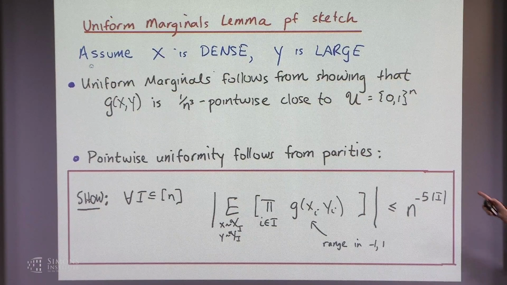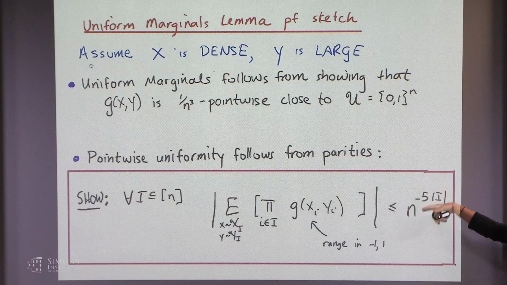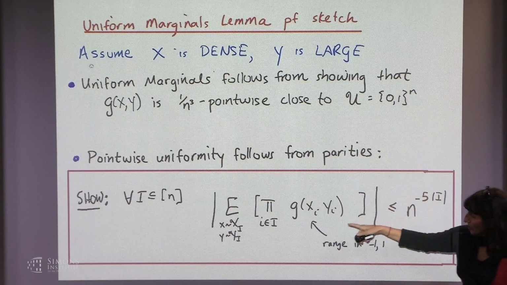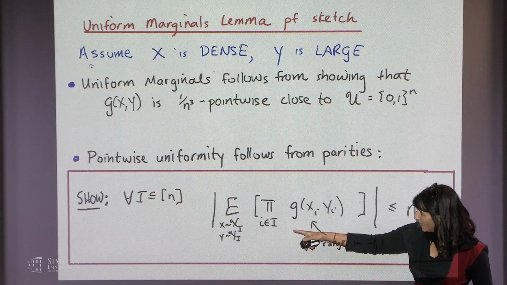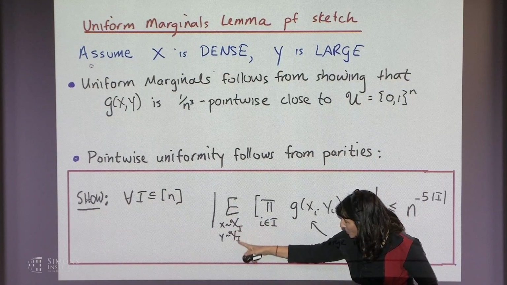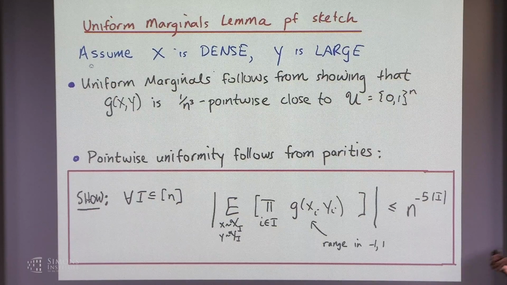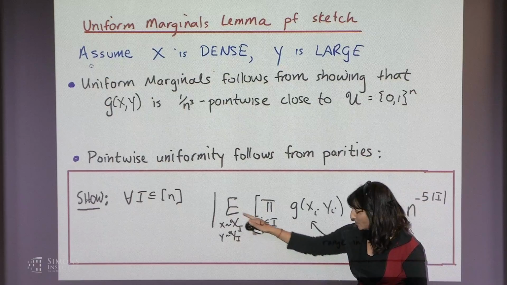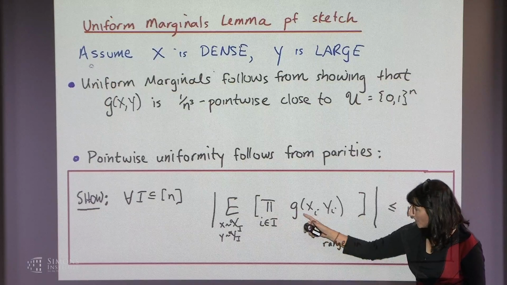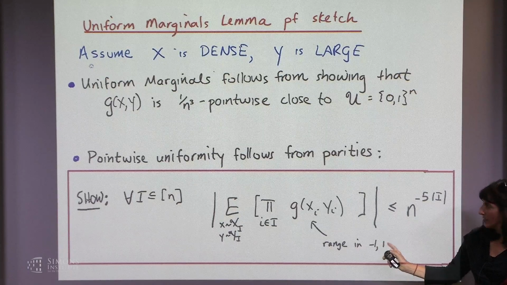By using Fourier analysis, it's the same thing as showing this property: we're assuming x is dense and y is large, and we want to show that for every subset of the coordinates I, the expected value, when you look at the distribution on x and y with respect to that subset I, so we're picking a random x and y from this distribution, just looking at the coordinates I, the expected value of the product of the GIs, think about GIs being in 1 minus 1 for now, okay?